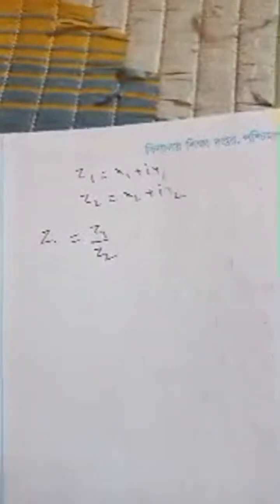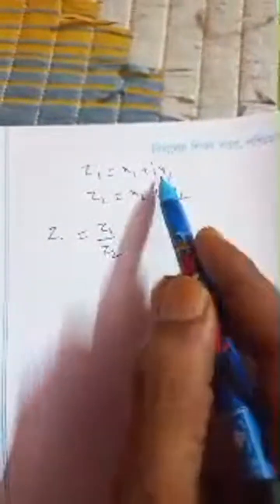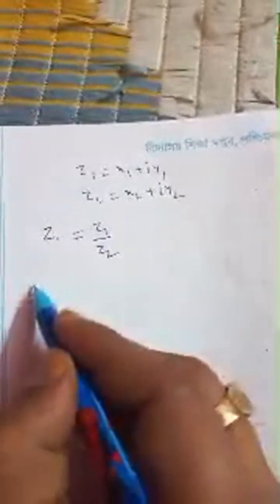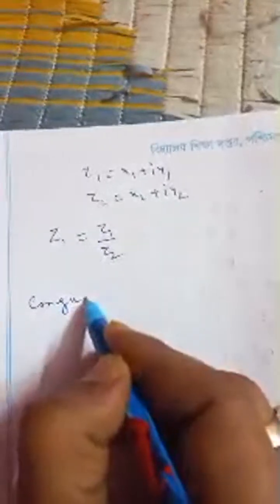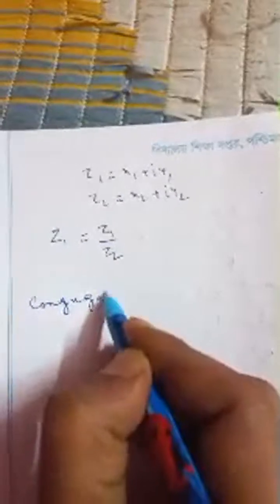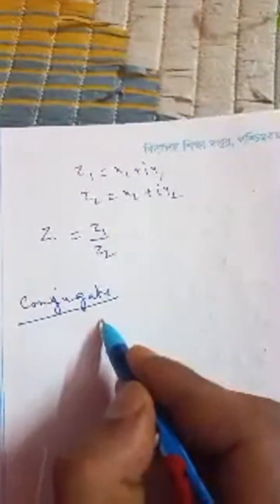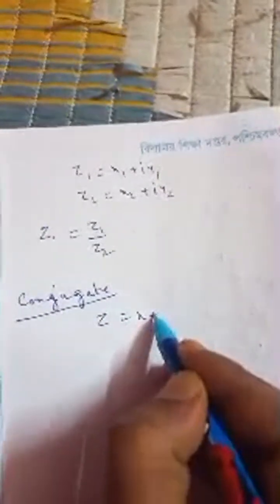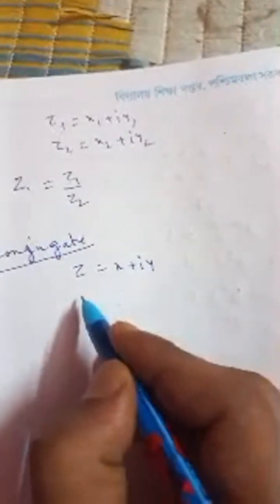So for division of two complex numbers, we have to know what the conjugate of any complex number is. If we take any complex number z is equal to x plus iota y, then the conjugate can be written in this way.